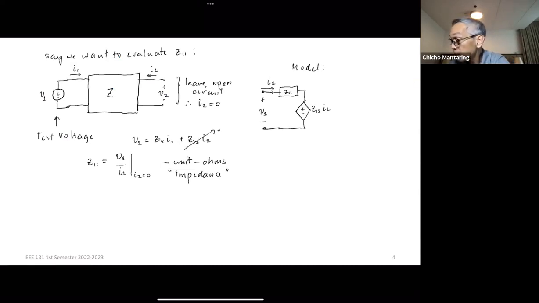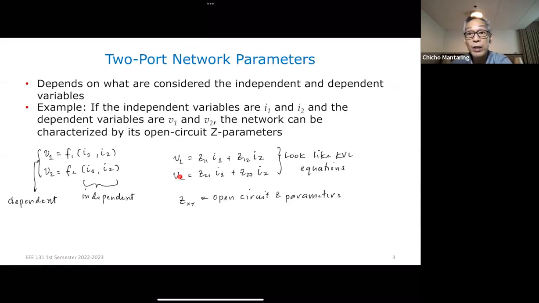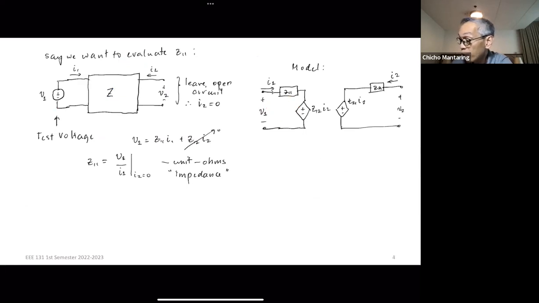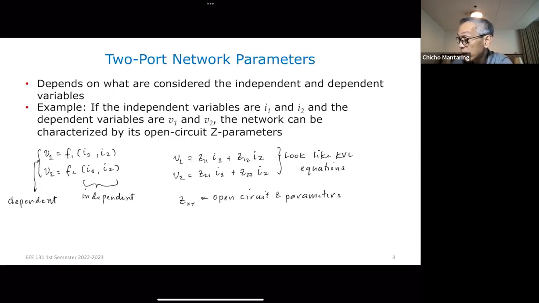And you have something similar on the other side. This is going to be Z21 multiplied by I1. This is going to be Z22. This is V2. And this is I2. So if I get KVL in this loop, I'm going to get the second equation. If I get KVL on this loop, I'm going to get the first equation.